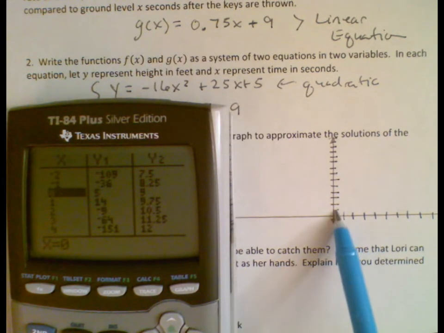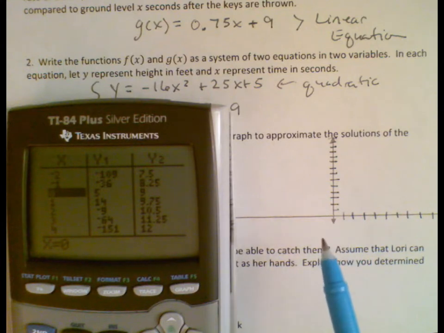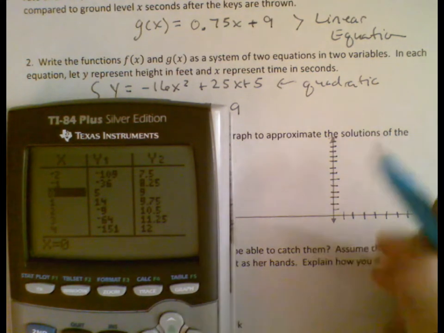So on this y scale, I think I want to go by 50s, but let me take a peek here. Oh no, I just want to go by 2s.